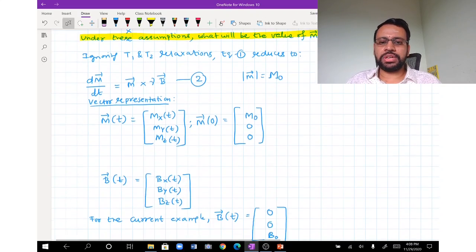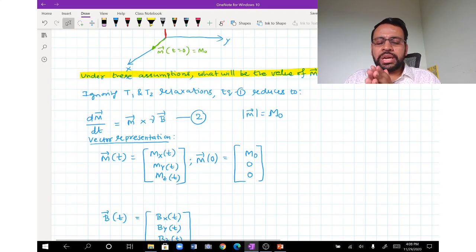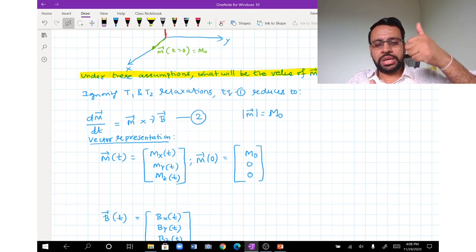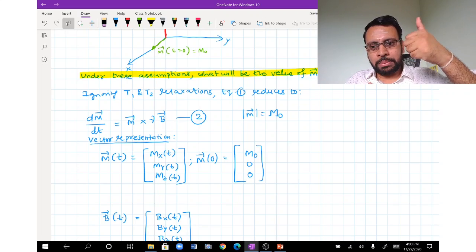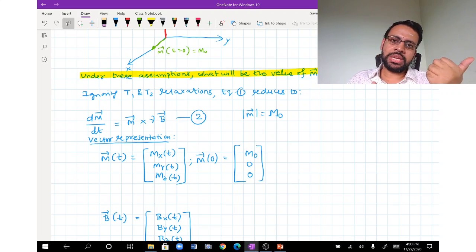This is the equation for us. Now your M bar varies with x, y, z and time, and has three components: Mx, My and Mz.